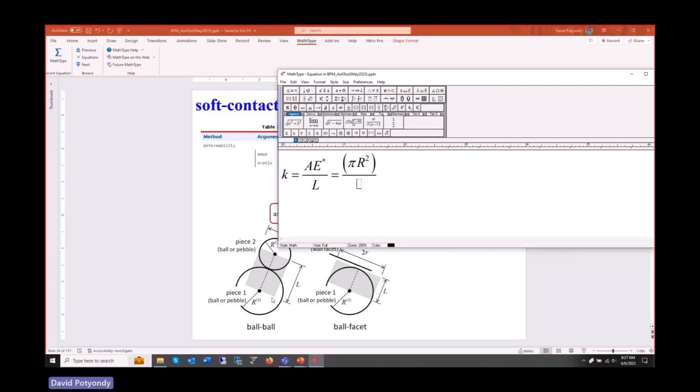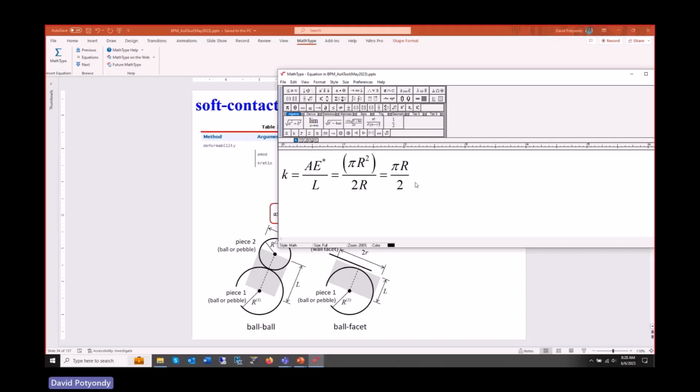The length is going to be 2r. And notice this then is going to be an R left over. So we're going to get pi r over 2. Notice the stiffness we're going to set then is going to be different depending on the radius.